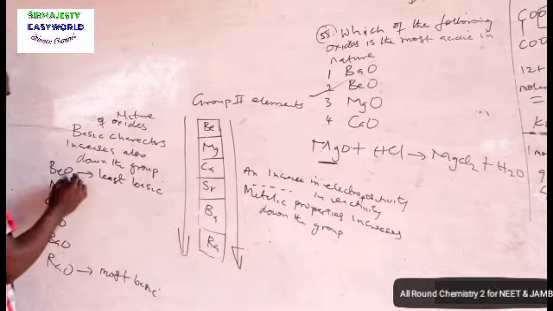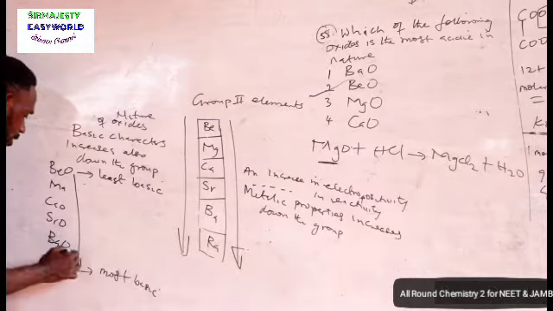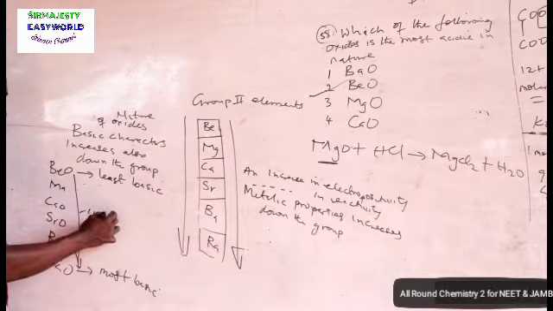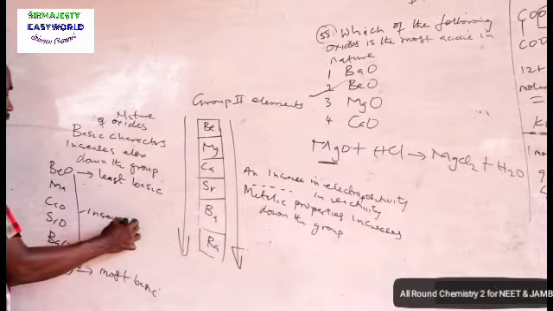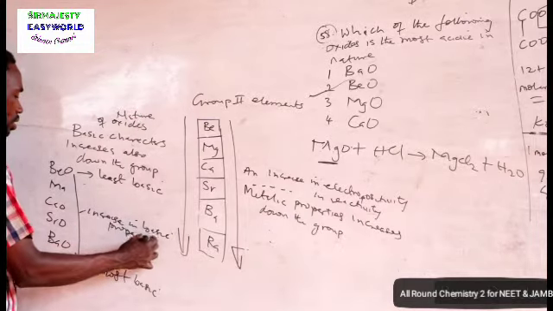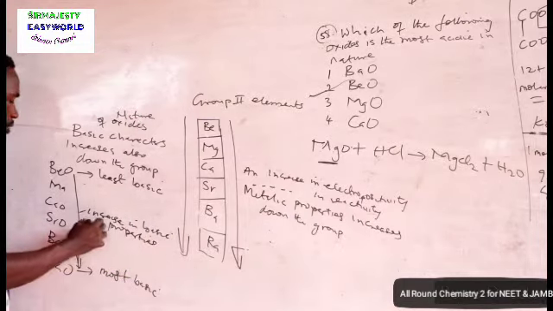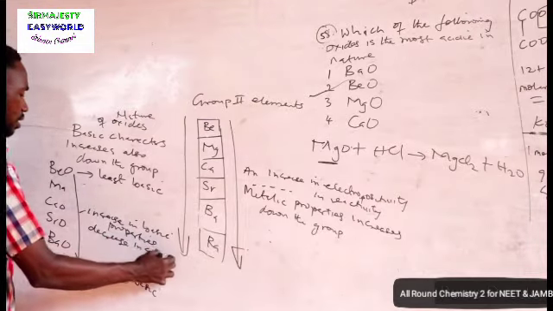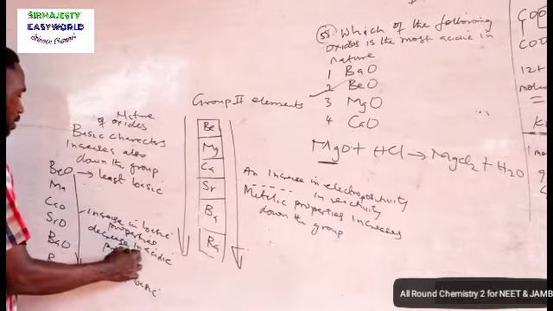Let me put it this way. When you move down the group, it means an increase in basic nature and basic properties, which is equivalent to a decrease in acidic properties.